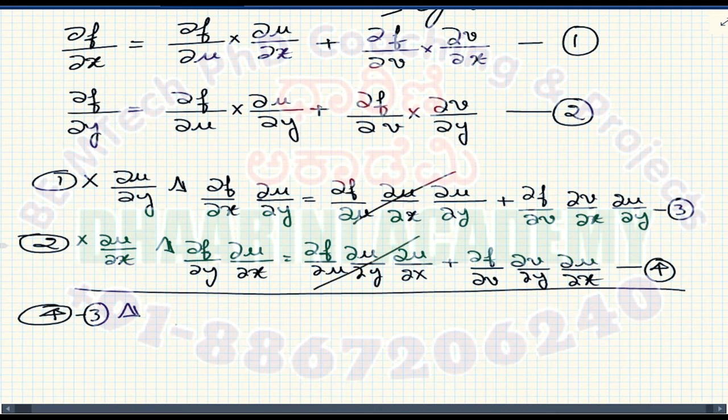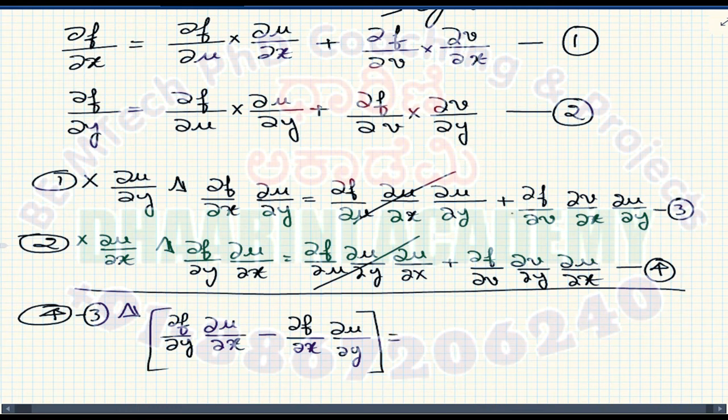Since I'm performing 4 minus 3, the first term is ∂f/∂y into ∂u/∂x, minus the term coming from equation number 3, ∂f/∂x into ∂u/∂y. This is on the left hand side.